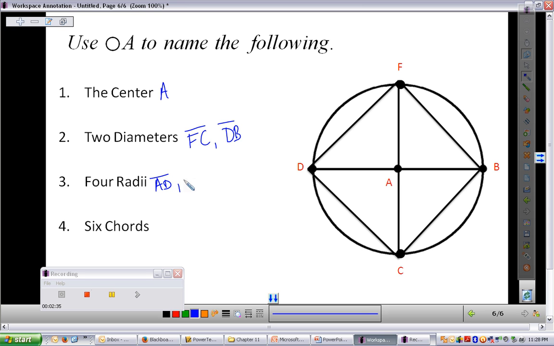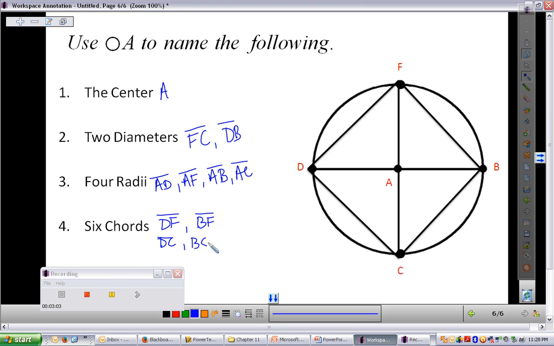So AD, AF, AB, and AC. Those are all radii. Six chords now. And chords have endpoints on the circle. So I'm going to start with DF, segment DF, segment DC.